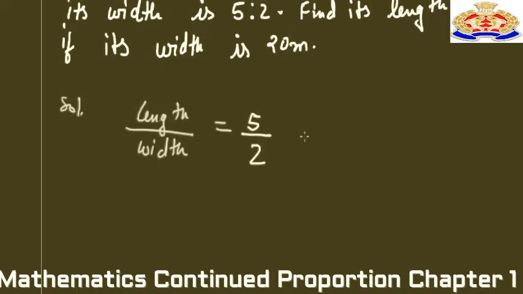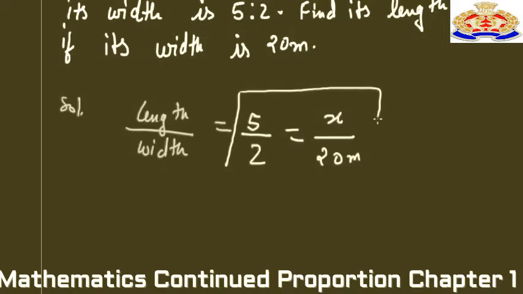Now we also know that the value of its width is 20 meters. So we can write in front of width as 20 meters and let us assume that the length be x meters. So now from this we get 5 upon 2 is equal to x upon 20.